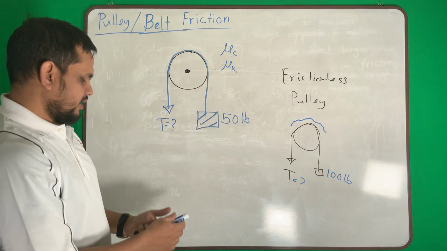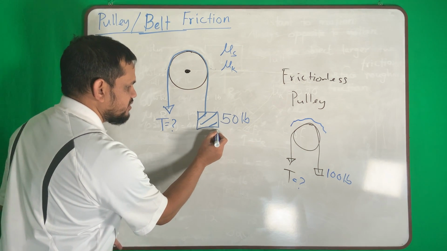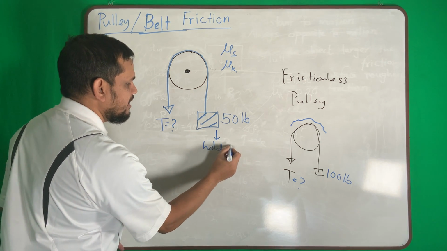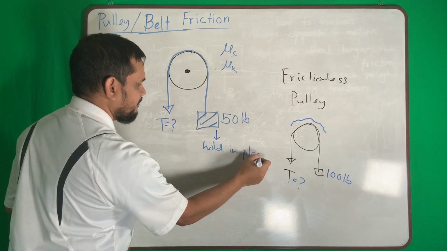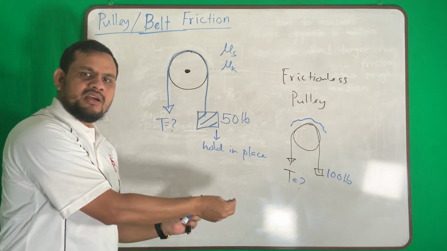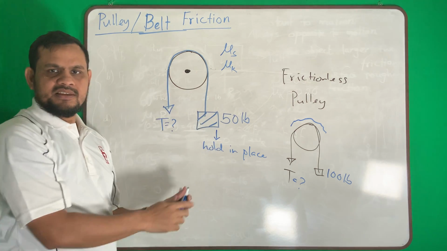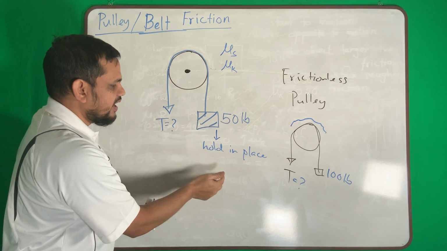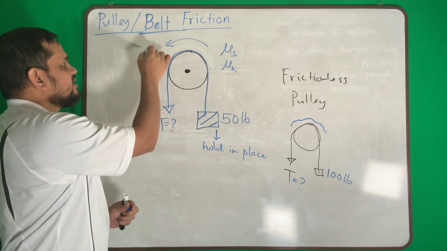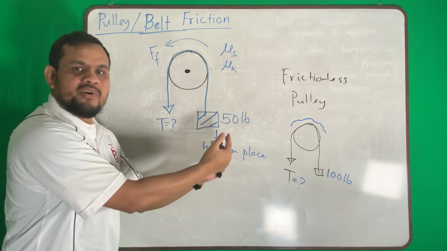Say my body is going down and I am holding it in place. In that case, my frictional force will be this way, because my body is going down.